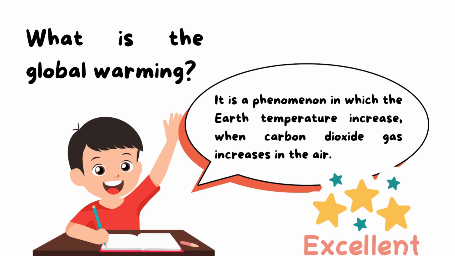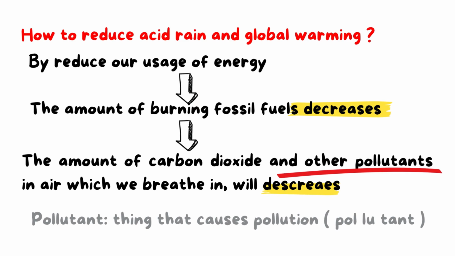So well done, junior 4 students. So the question here, because acid rain and global warming are harmful and these are problems, is how to reduce them. We want to reduce these two problems, acid rain and global warming.